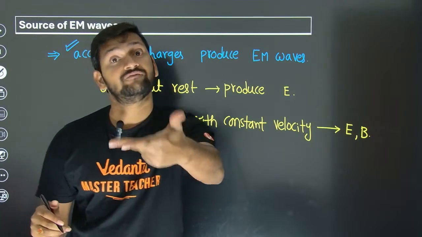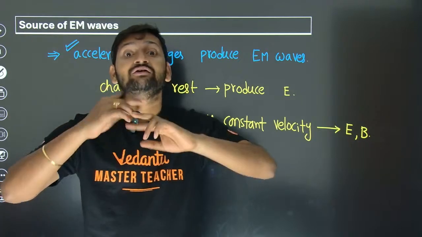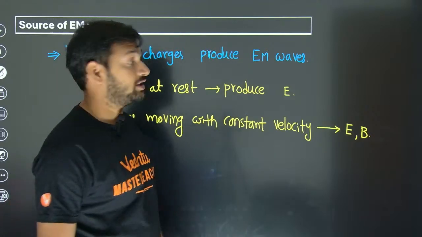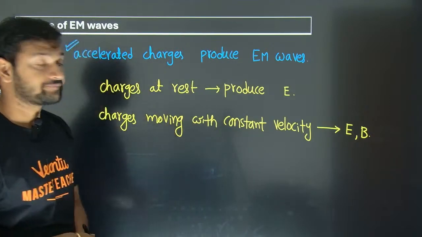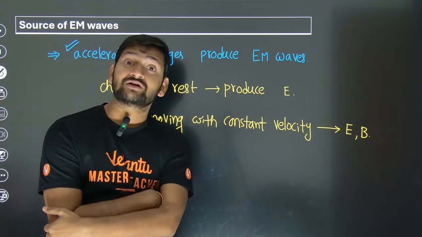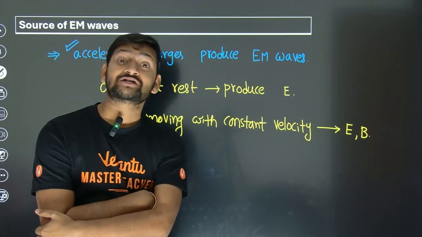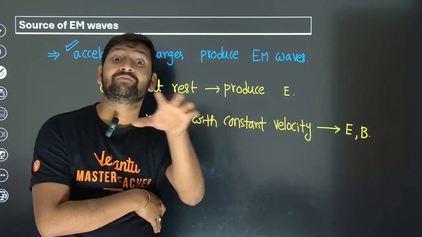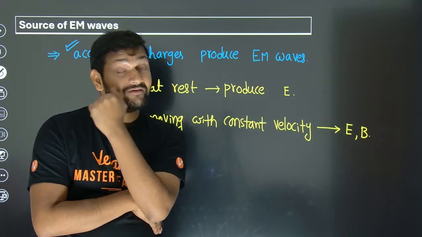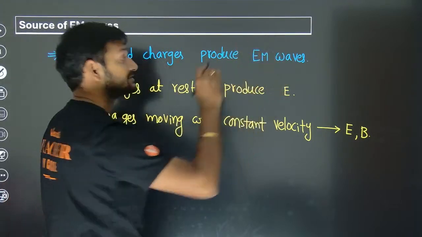That varying magnetic field will produce electric field, and varying electric field will produce magnetic field. Like that, they will be producing each other and they will be traveling. Okay. Now, what happens when they move with constant velocity? If they move with constant velocity, we have a constant current. Constant current is going to produce constant magnetic field, right? But we need varying magnetic field that can be produced only by accelerated charges.